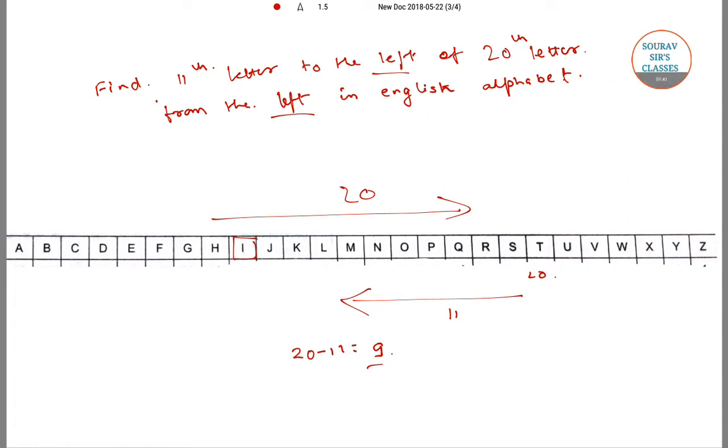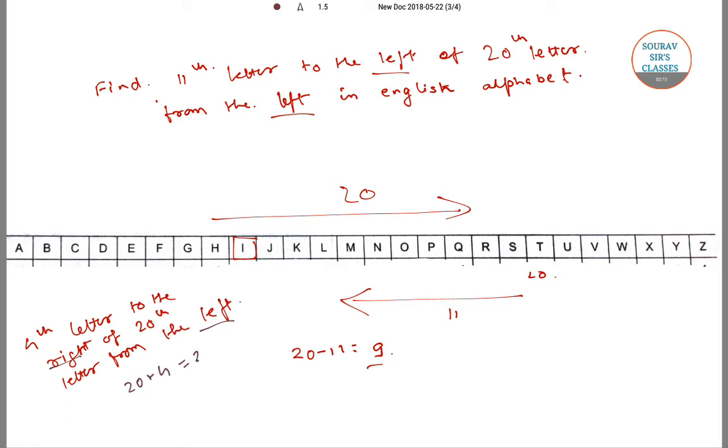However, if the question were to find the 4th letter to the right of the 20th letter from the left, in that case we would have added 4 to 20, that is 20 plus 4 equals 24.